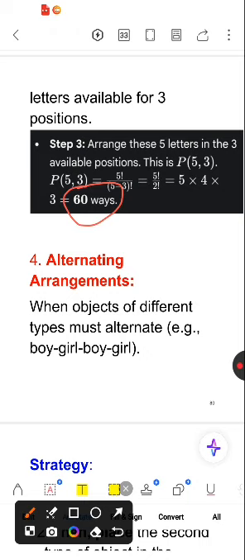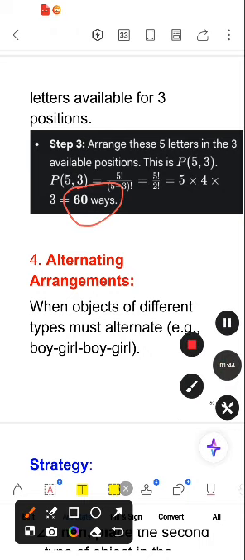Here we only needed the number of ways that those 3 letters could be arranged within those 2 letters, A and J, so you have to be very careful.